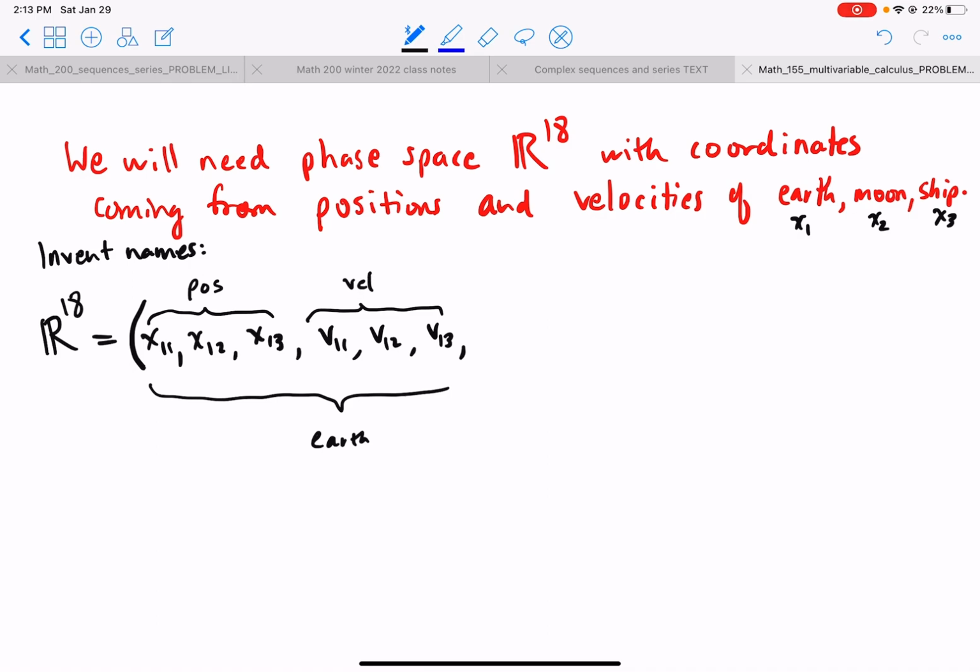Okay. And now we need the moon, so that's x2. So we could do x21, x22, x23. That's the position of the moon. Then we also need the velocity, v2: v21, v22, v23. Because somewhere is the moon, and there's a three-dimensional vector pointing in where the moon is moving. We're not done. That's only R12.